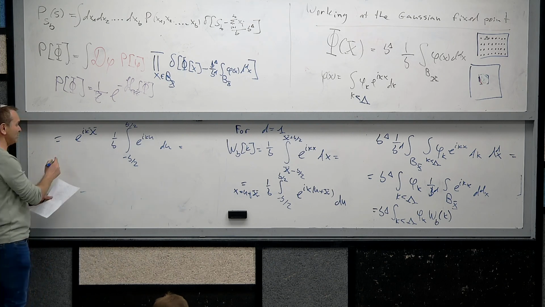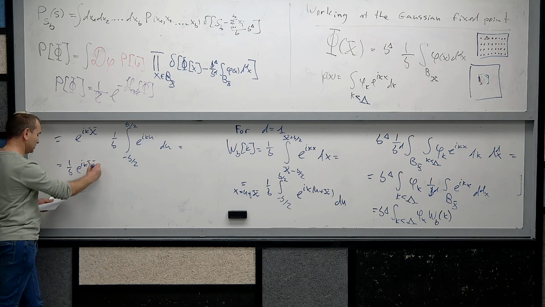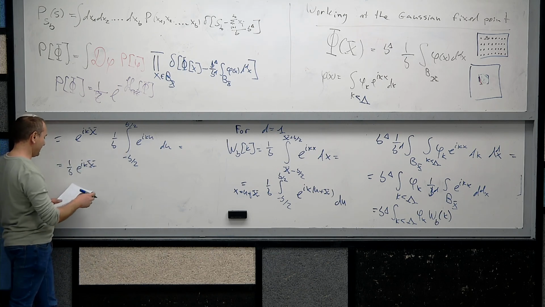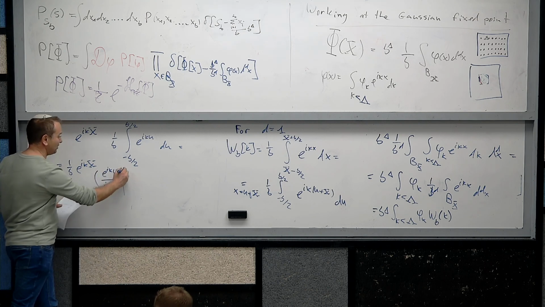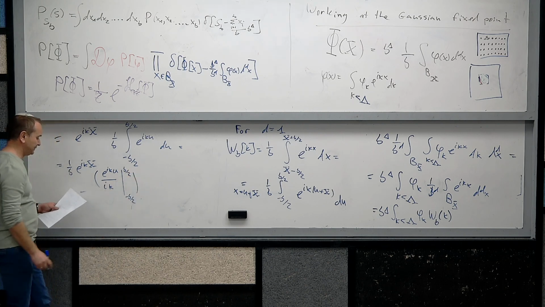Now I perform this integration explicitly, so I have 1 over b e to the i k large X, and here instead I have e to the i k u divided by i k between minus b over 2 and b over 2.